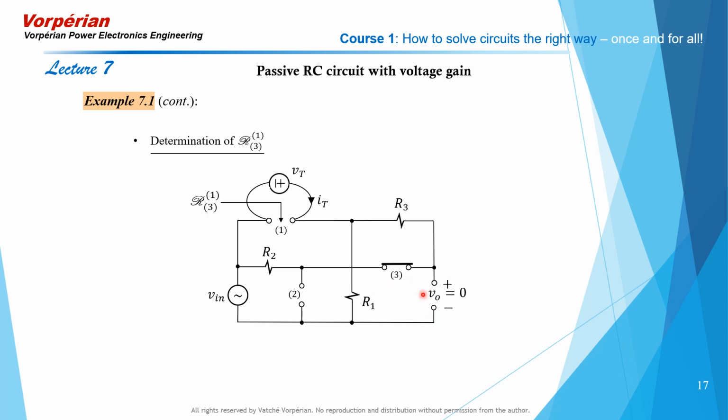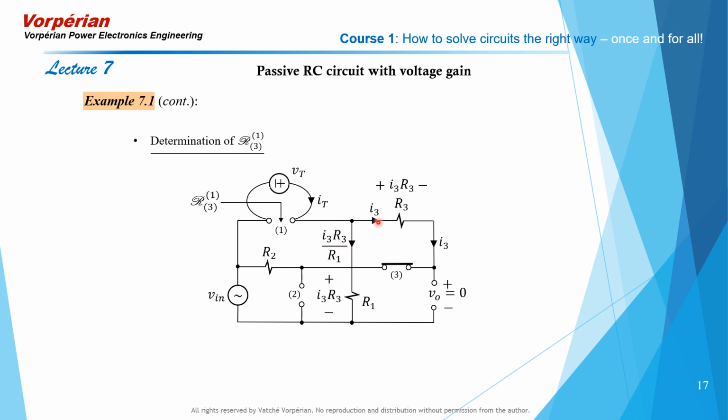Now, with the response V0 nulled, let us say that there's a current I3 flowing through R3, which creates a voltage drop I3 R3. That voltage drop, because the response is nulled, will appear directly across R1, and it will induce a current in R1 given by I3 R3 divided by R1.